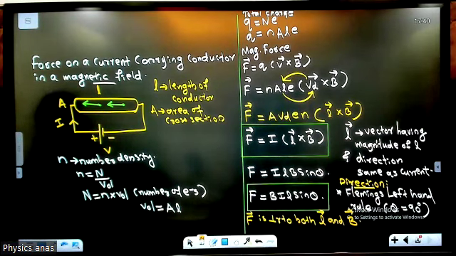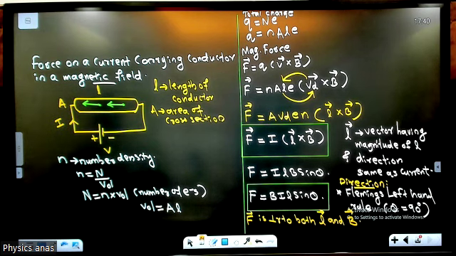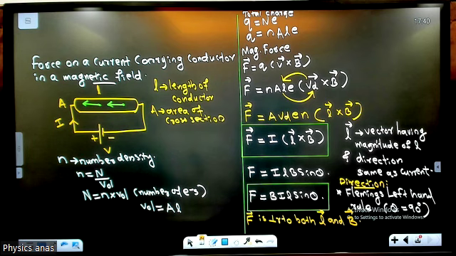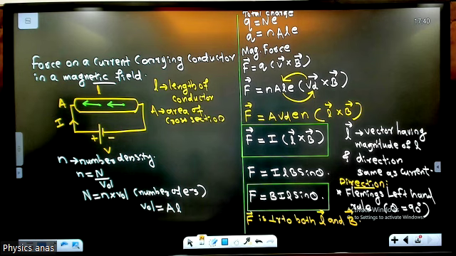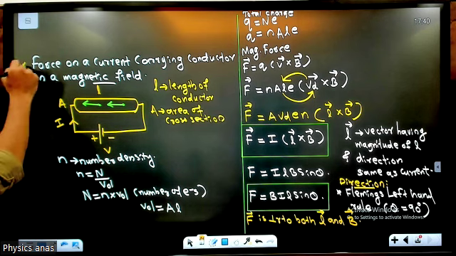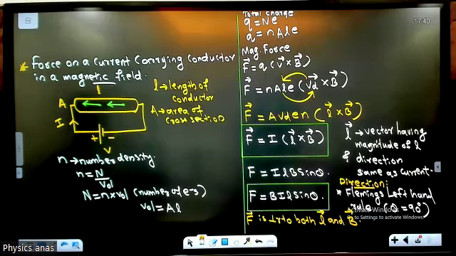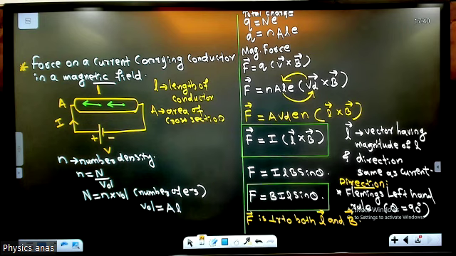Can we discuss the cases now? Yeah. Should be completed.